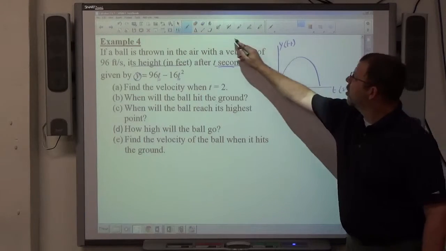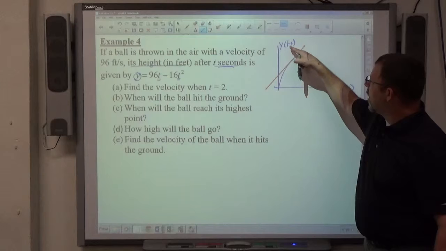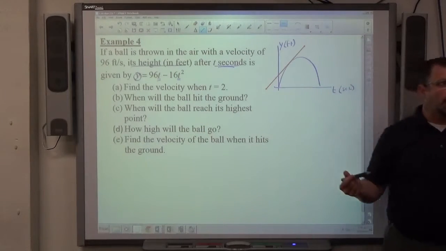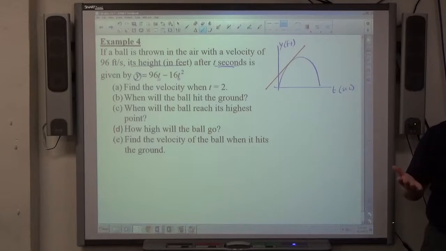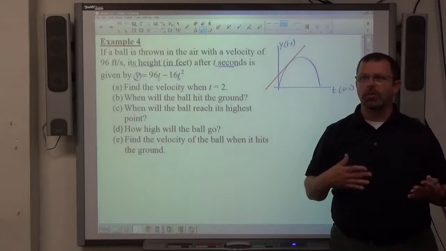If I found some slope on this graph, the change in y is feet, the change in x is seconds, so feet per second, you're looking at a velocity. So if we can figure out the slope of this equation, we can then use that slope in order to determine velocities.